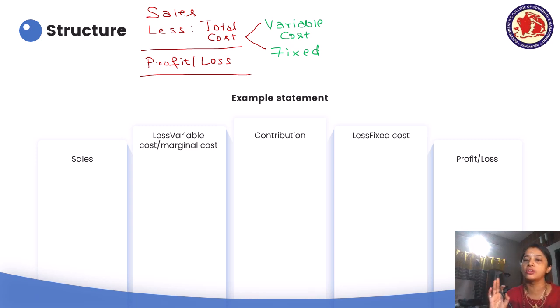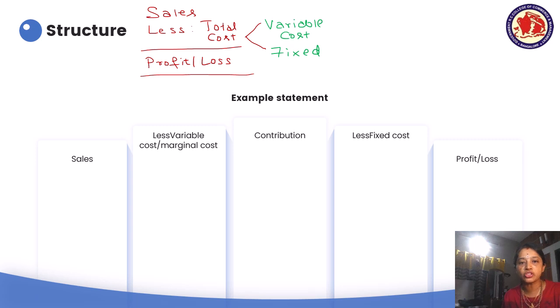A popular example is raw materials cost. Raw materials will be incurred only if you manufacture something. If you don't manufacture, that cost will not be incurred. But fixed cost, for example rent of the factory building, will not change whether you manufacture or not. Such costs are called fixed cost.